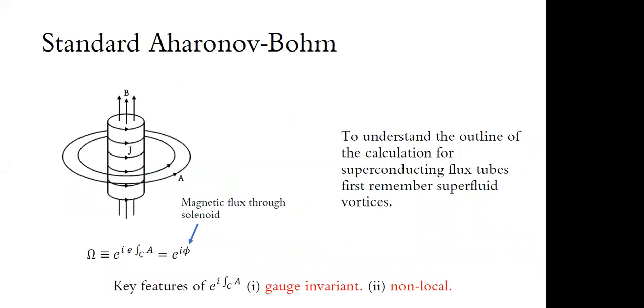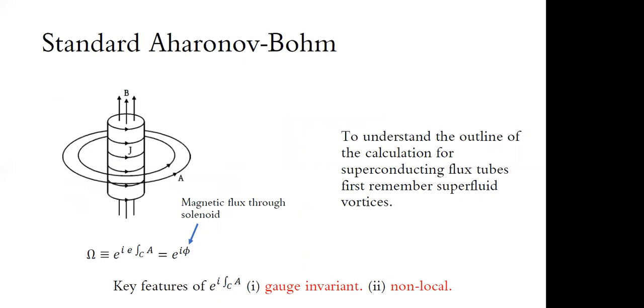So here is the standard Aharonov-Bohm effect. You have a coil, a solenoid through which you're sending current, let's say, and then you have a magnetic field inside. If you shoot an electron in such a way that the electron wave function does not penetrate inside the coil, and on the other side you put a screen, you will see an interference pattern, which will correspond to a phase shift between the two paths that the electron could have taken to reach the other side of the screen.